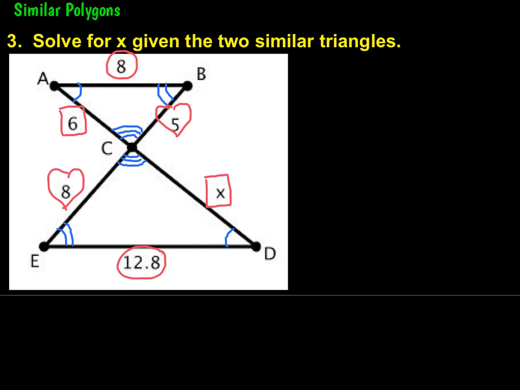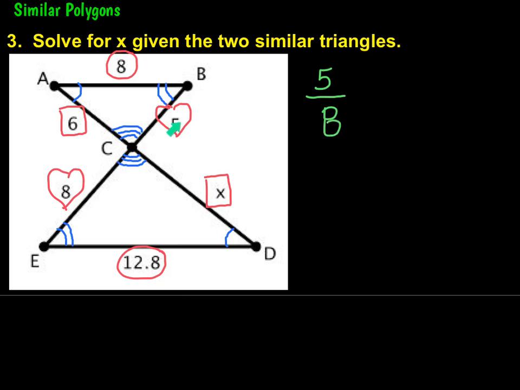So you want to pick a pair that you do know. So we have choices. We can pick 8 and 5, or we can pick 8 and 12.8. I'm thinking you're probably going to pick 8 and 5 because you probably want to avoid that 12.8. I don't blame you. That's what I would want to choose too. So we're going to put 5 over 8.